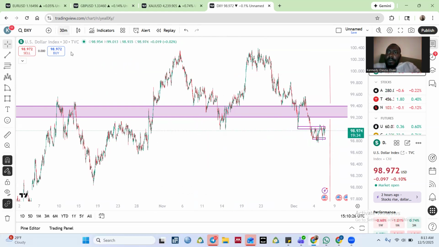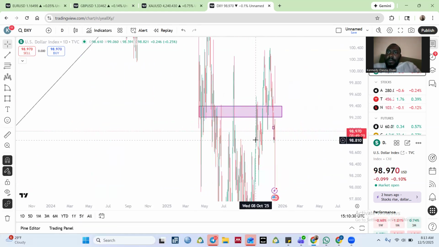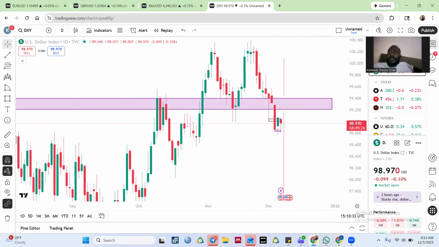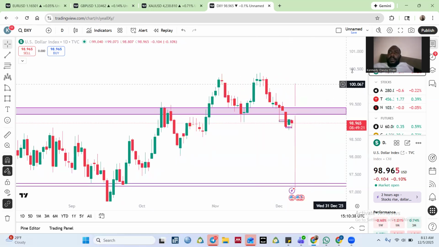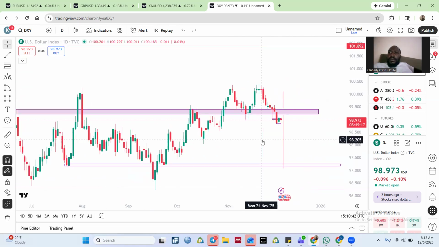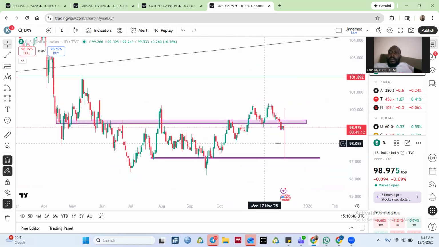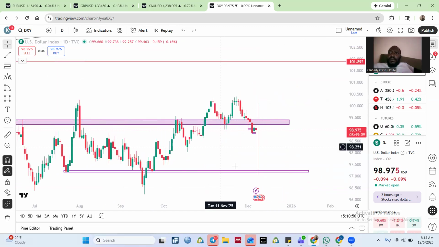So for now, I want to go to the daily time frame on the DXY. Yeah, so this is the daily time frame.